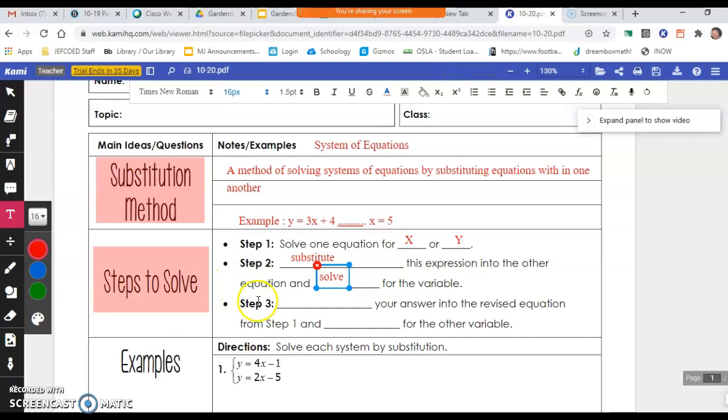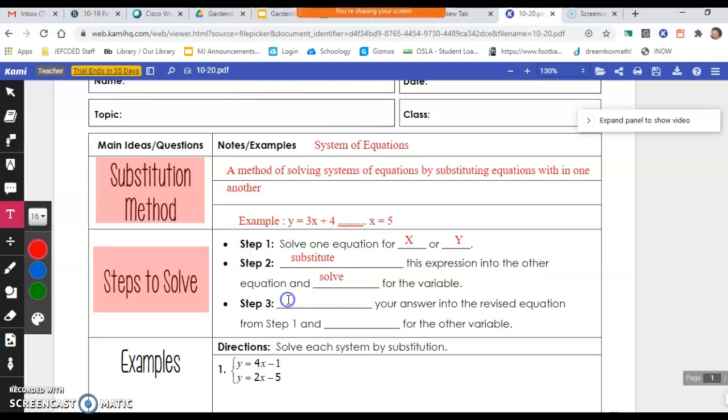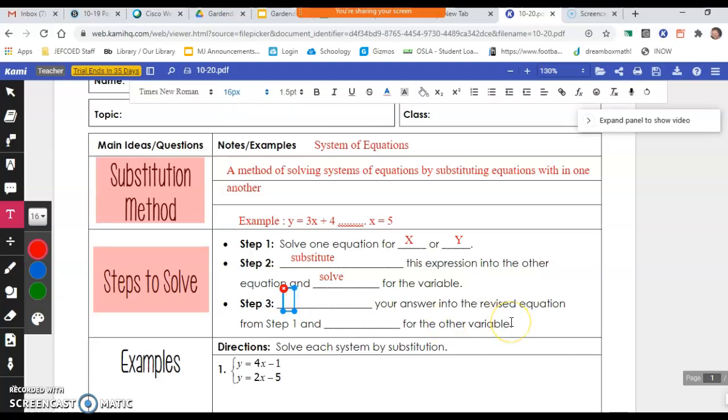Now the next thing, step 3. You're going to substitute your answer. Whatever you get, you're going to substitute that answer into the revised equation from step 1 and solve for the other variable.